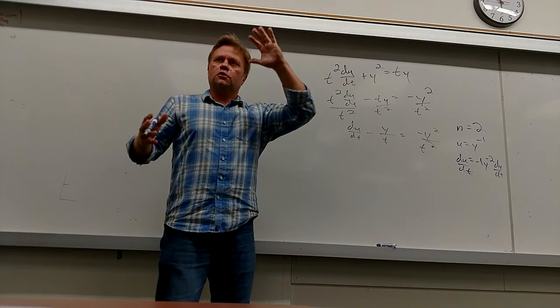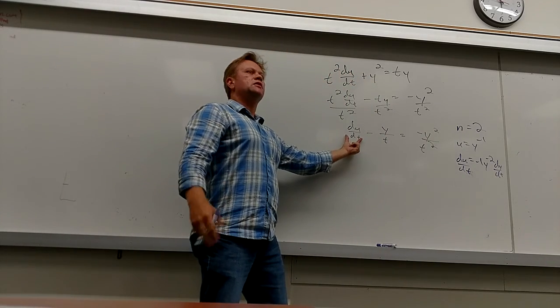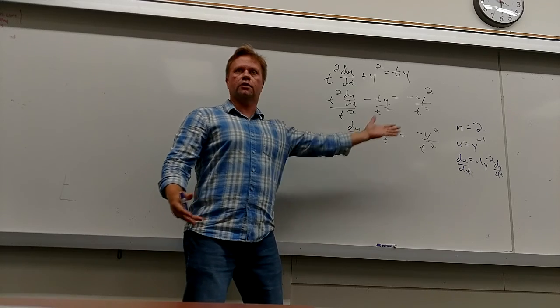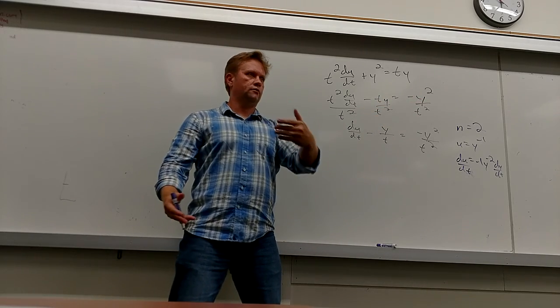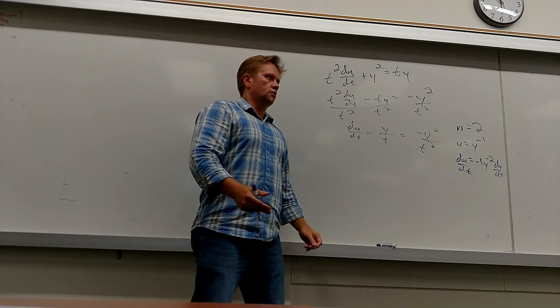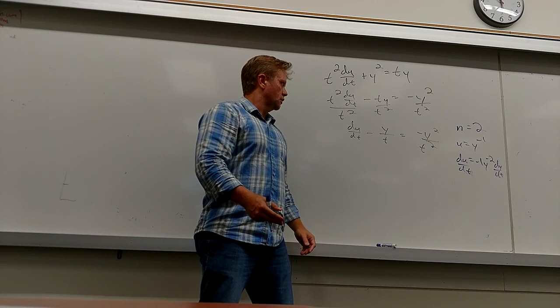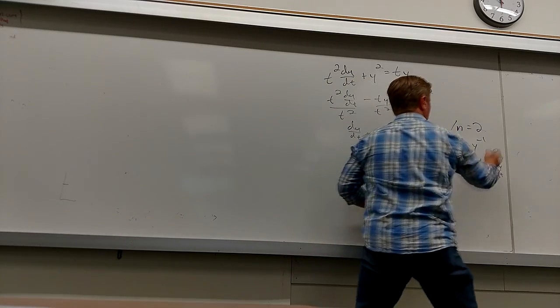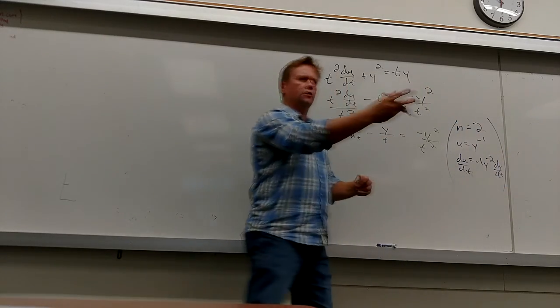I love it. And why is that so beautiful? Because you've got a dy dt term that needs to be replaced. You're really trying to replace all the y stuff with u stuff. That should feel remarkably familiar. So I do basically exactly the same thing that I did with somebody else earlier in my office.